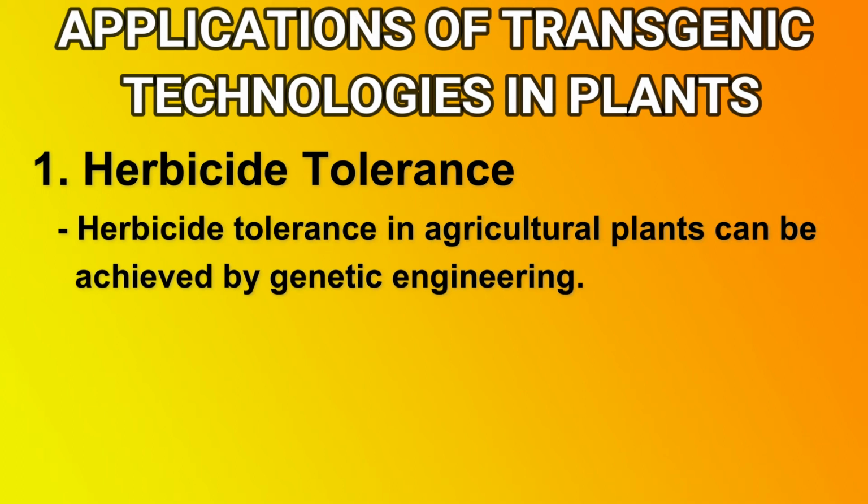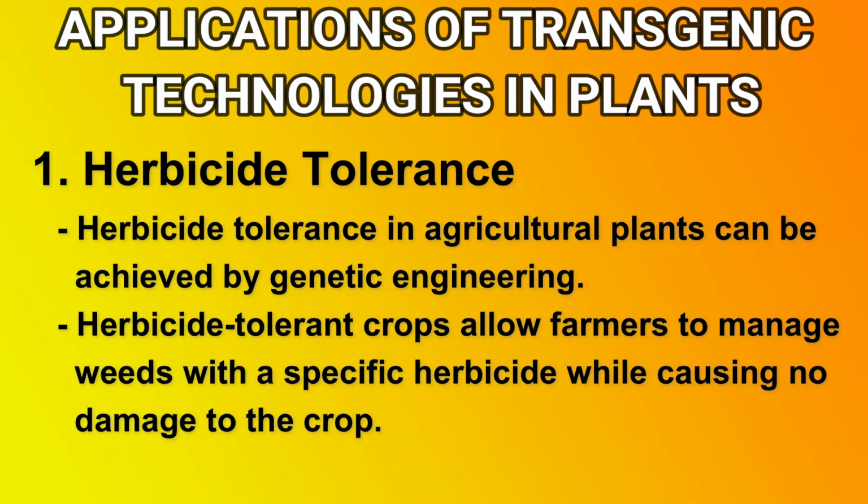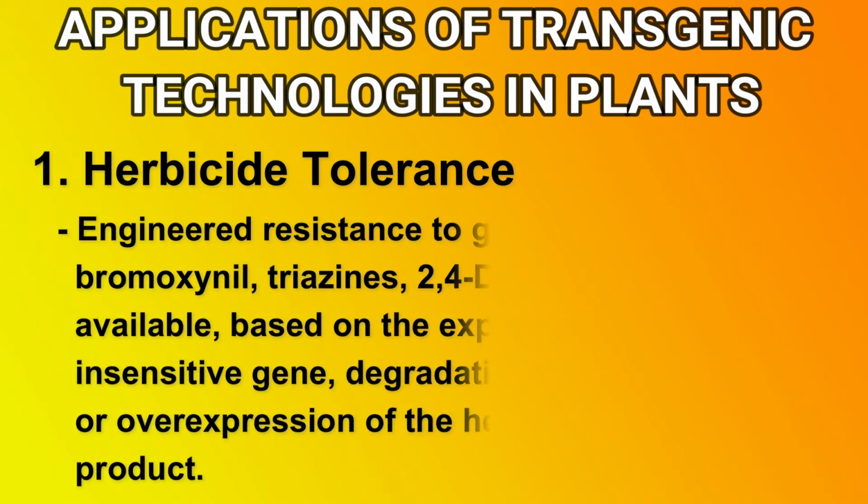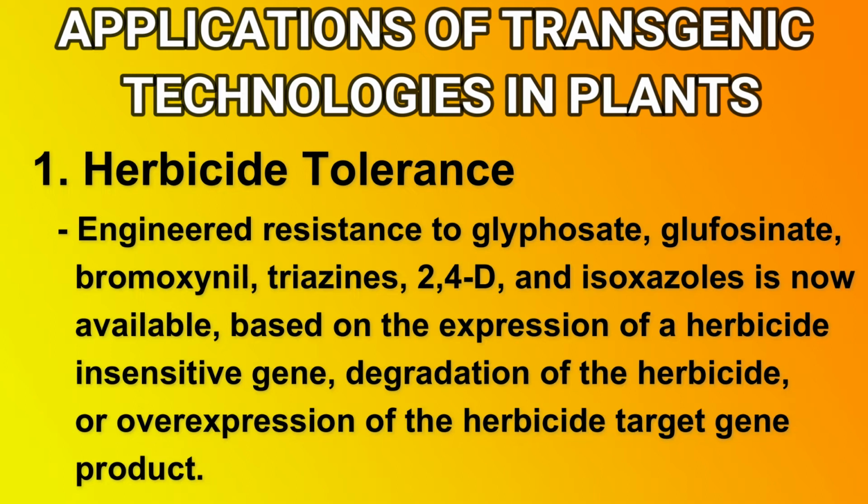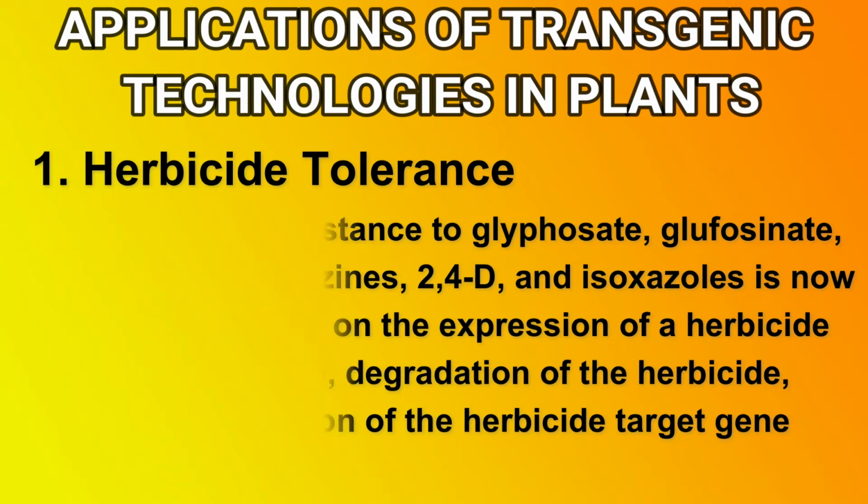Herbicide tolerance in agricultural plants can be achieved by genetic engineering. Herbicide-tolerant crops allow farmers to manage weeds with a specific herbicide while causing no harm to the crop. Engineered resistance to glyphosate, glufosinate, bromoxynil, triazine, 2,4-D, and isoxazoles is now available based on the expression of herbicide-insensitive genes, degradation of the herbicide, or overexpression of the herbicide target gene product.